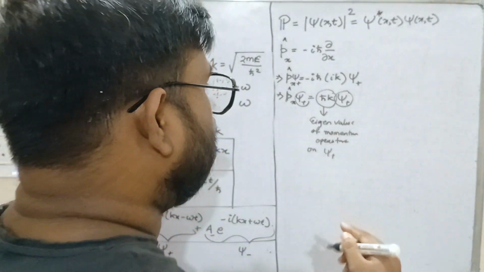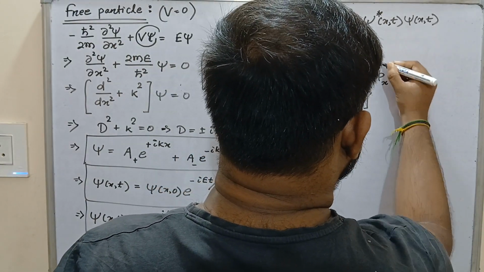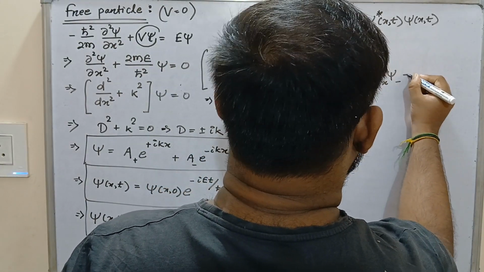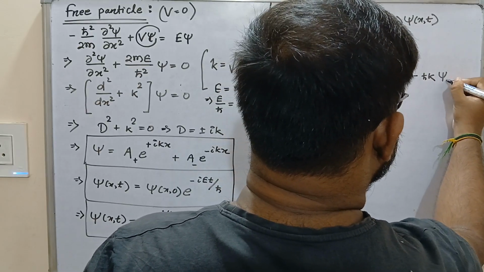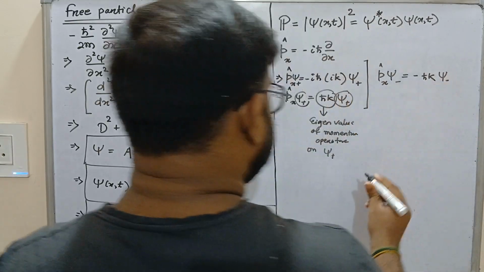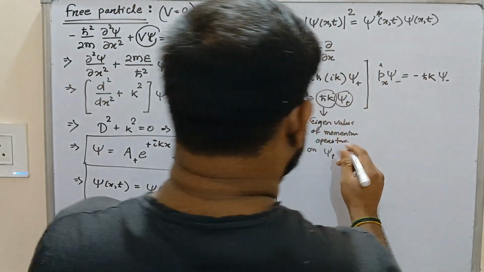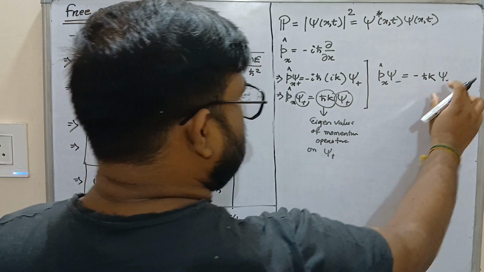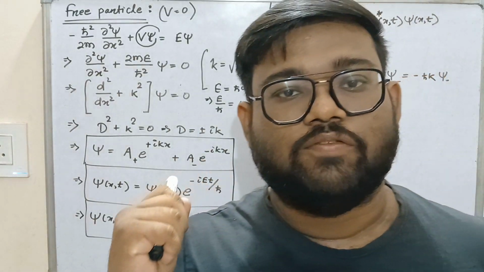The same thing, if we do it on psi minus, we will get minus h bar k, psi minus. Now look at the eigenvalues these two functions, psi plus and psi minus, are giving. What are the momentum eigenvalues of these two wave functions?